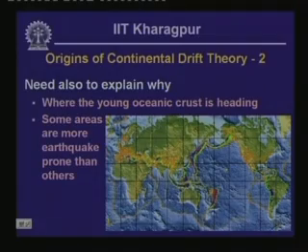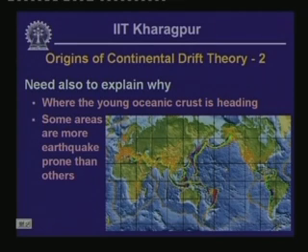So the necessity arose in the 1950s as to where the oceanic crust that is being created is heading or being consumed. Then the other question that kept bothering geologists and seismologists was that some of the areas on the surface of the earth are more earthquake prone than others.